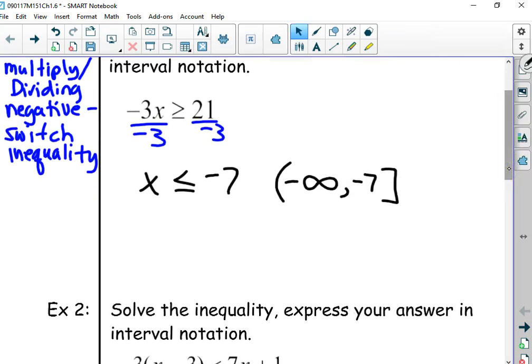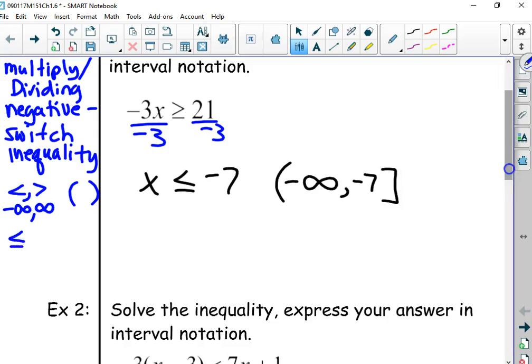Last note here in the margin: for less than, greater than, or either negative or positive infinity, you will always use a rounded bracket, a parentheses bracket. If you have an equals part, you will use a square bracket.